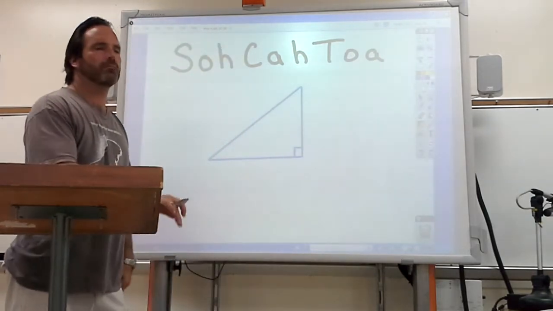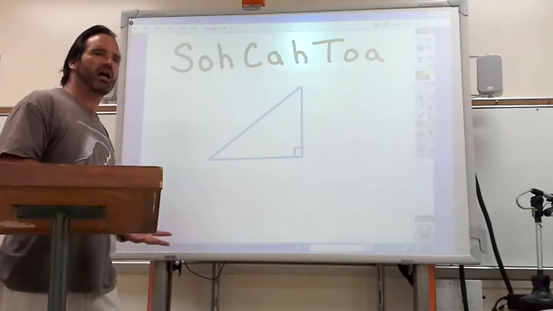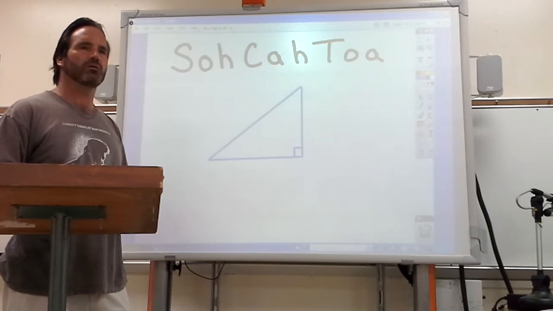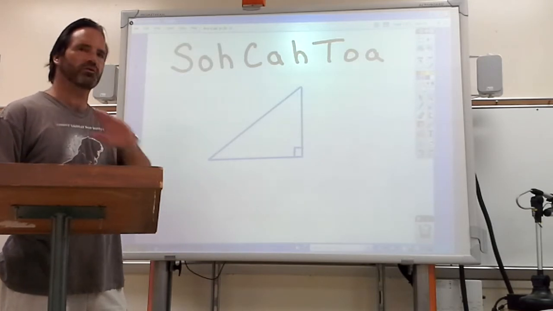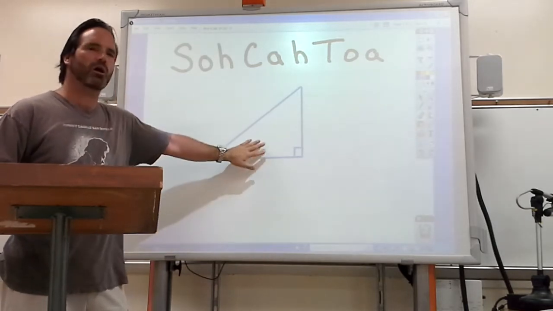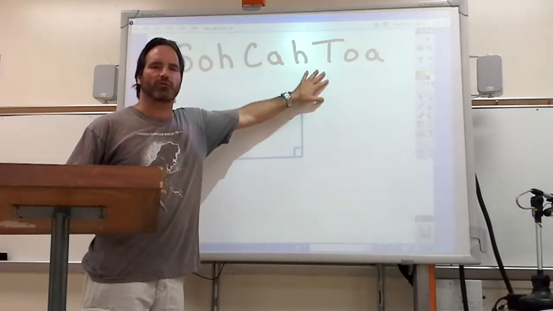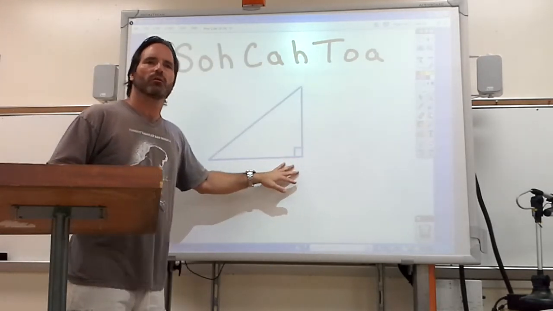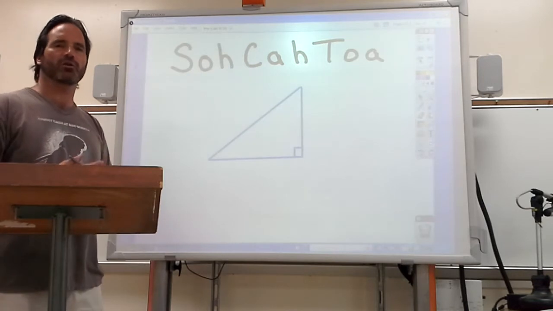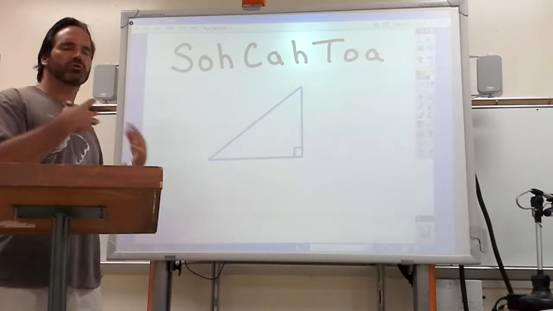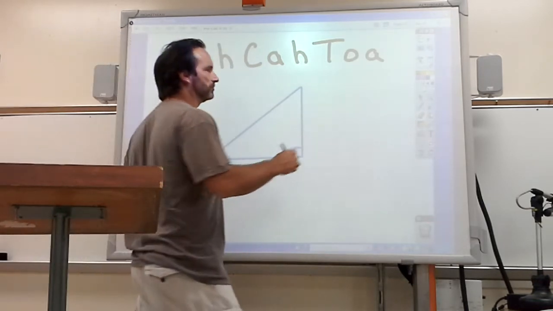Okay? The tangent, the sine, the cosine of an angle come from these ratios, but they're only good for what? Right triangles. SOHCAHTOA only works for right triangles. We're going to use law of sines and law of cosines for triangles that aren't right triangles.